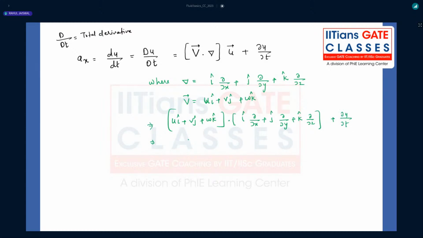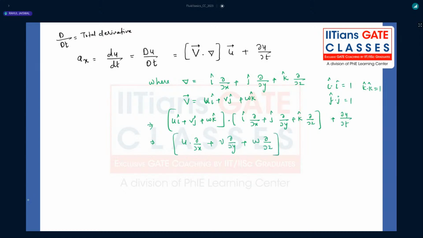So what is the difference? You know that i dot i will be 1, right? j dot j will be what? 1. k dot k will be what? The dot product of the same vector will be 1 only. So we can write u into ∂/∂x plus v into ∂/∂y plus ω into ∂/∂z.